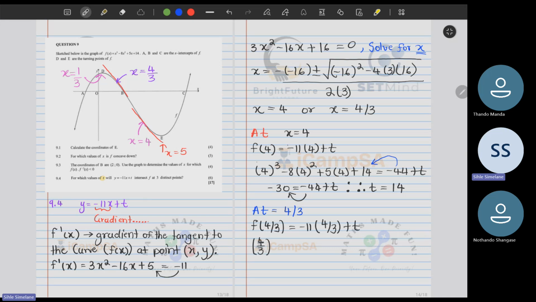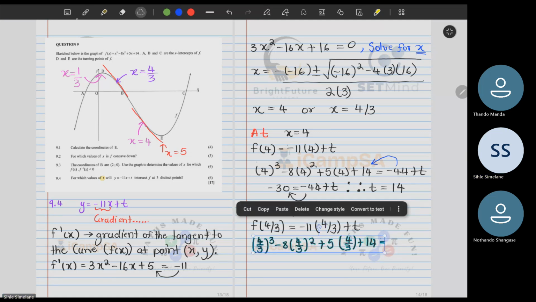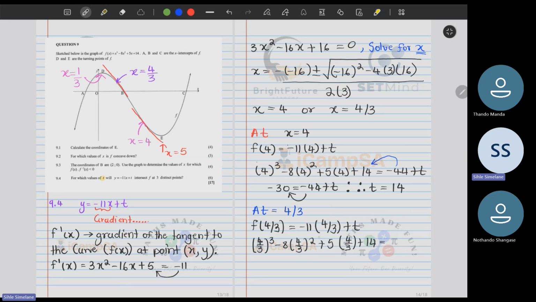It means you'll have 4 over 3 cubed minus 8 into 4 over 3 squared, then plus 5 into 4 over 3, then plus 14. So I need you guys to give me what the left-hand side will be. Then for the other one, we'll just have negative 44 divided by 3 plus t. So the left-hand side, what does it become?